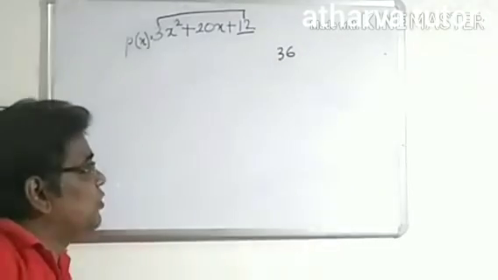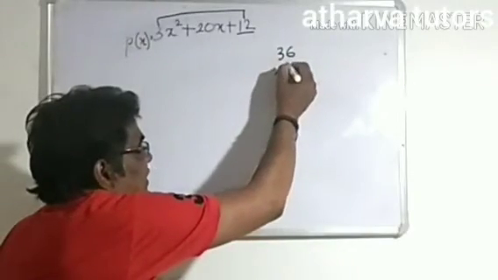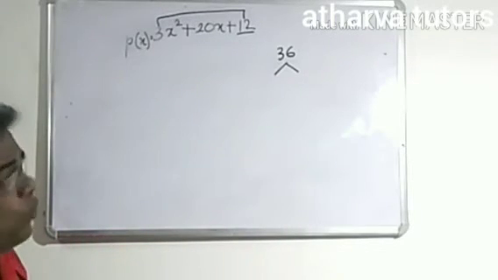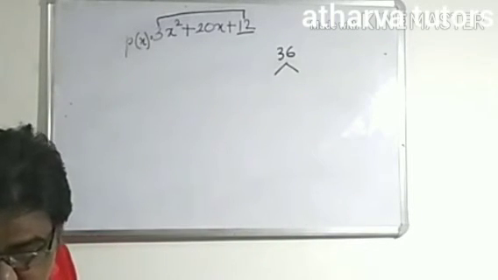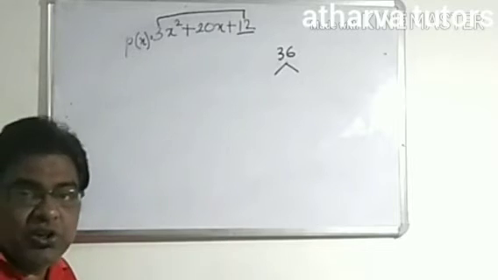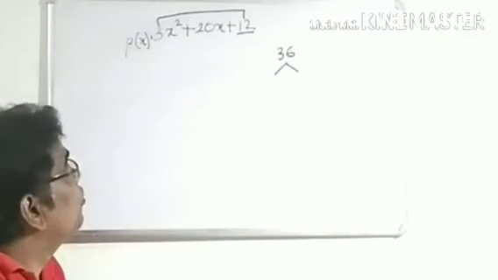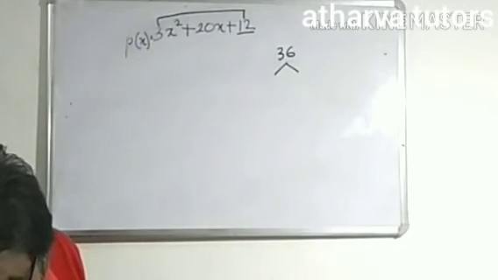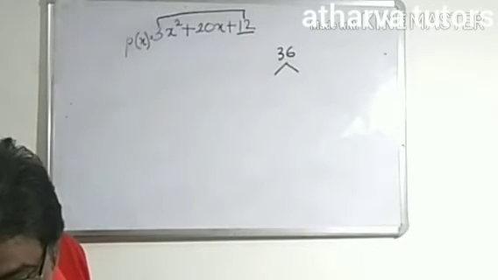So how do you do this? Now this 36 has to be broken into two numbers. It's 3x square plus 20x plus 12.